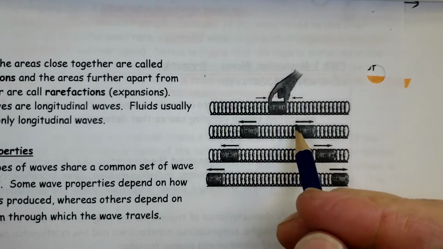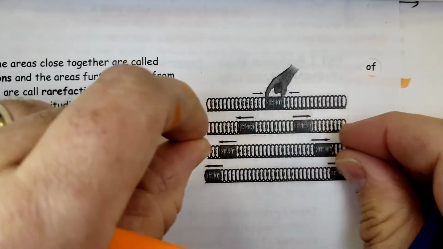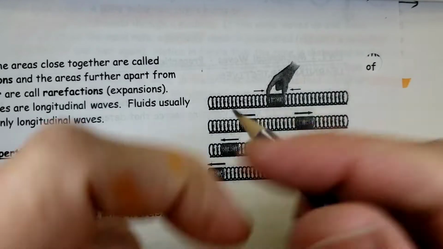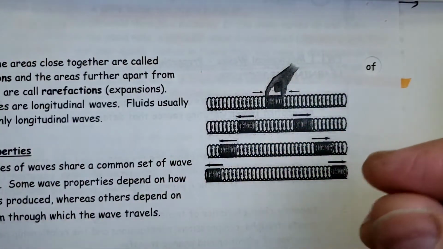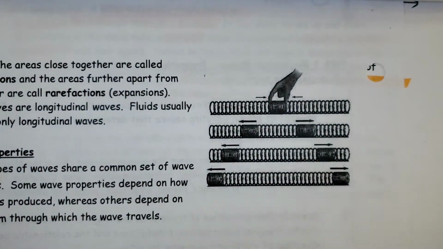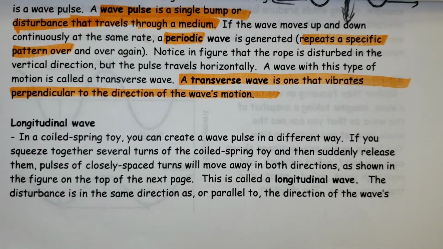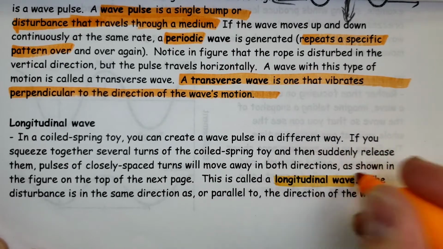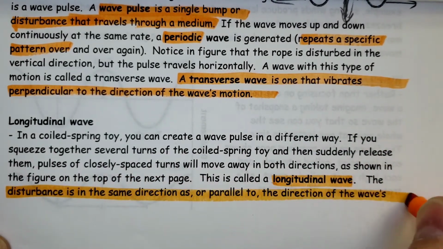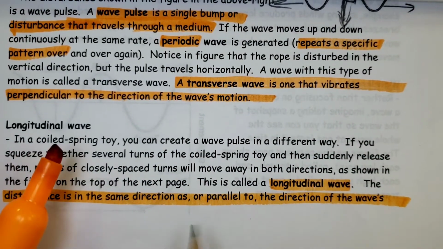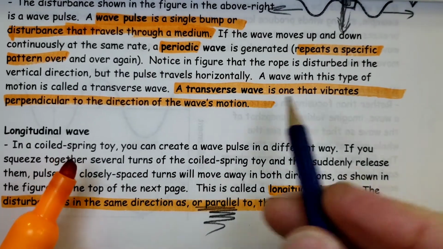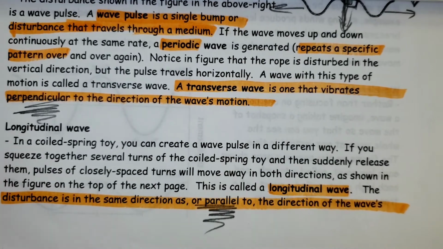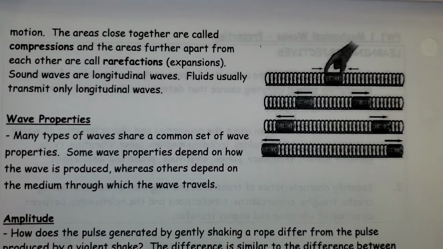Or if I stretch it, then let it go, it goes back together. So however I move it, stretch it or compress it, it moves in the same way. It's parallel, so that is referred to as a longitudinal wave. So the disturbance is in the same direction, or parallel. So here we had perpendicular, that's transverse, parallel is longitudinal.